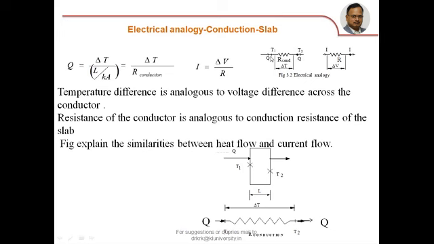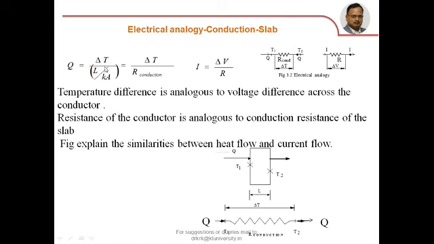So I is similar to Q, delta V is similar to delta T, and like electrical resistance, you have conduction resistance. The formula for current flow is delta V by R, and the formula for heat flow is delta T by R, but here R is conduction resistance.